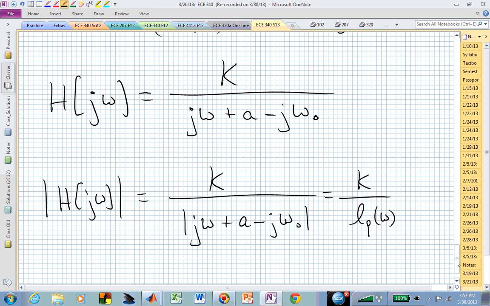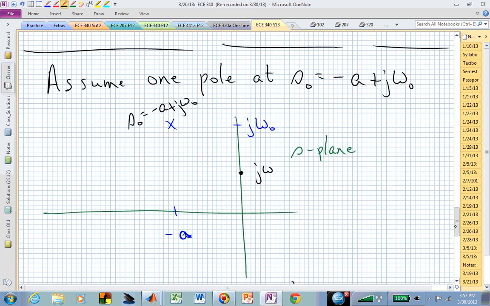Look at what we have. We want to find the magnitude or the length of this complex denominator value. And that is now made up of three pieces. It's made up of J omega, it's made up of a real part, and then it's made up of minus J omega naught. If we go back to our picture in the complex S domain, we can actually see what that lowercase l of omega is.